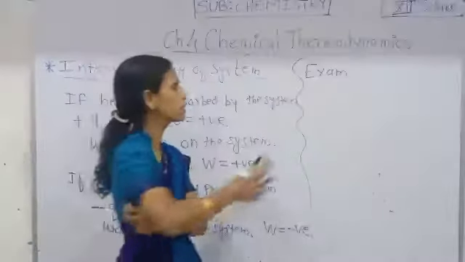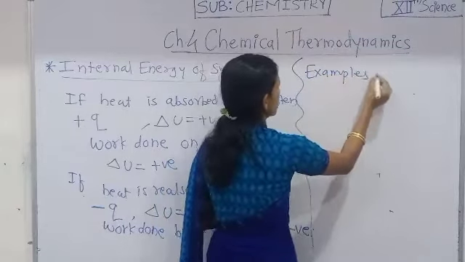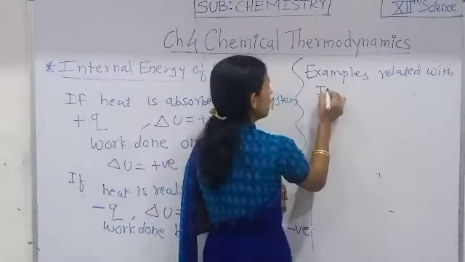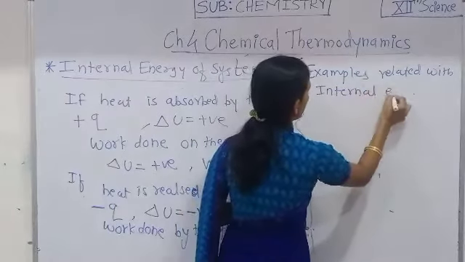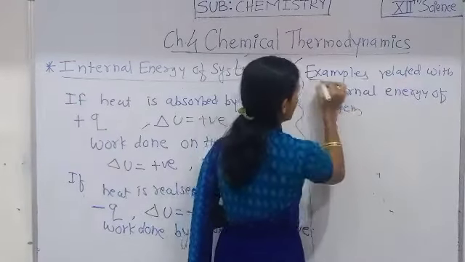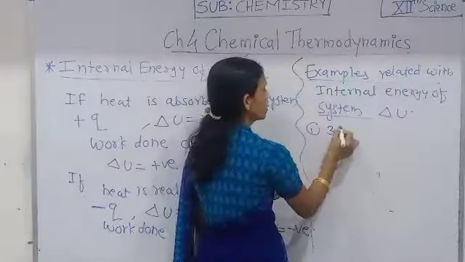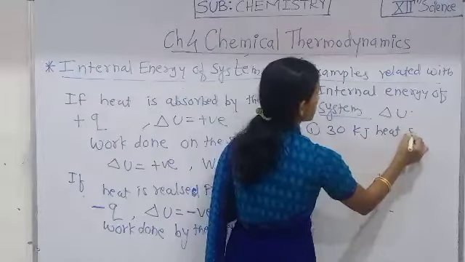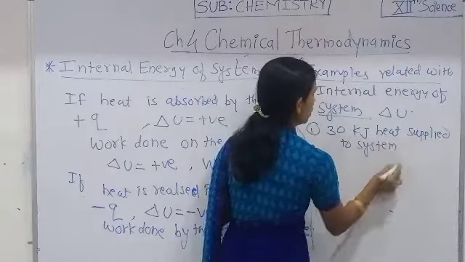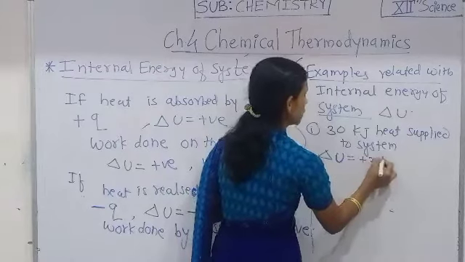Then I am going to discuss a few examples related with the internal energy of the system, that is delta U. See here, if 30 kilojoule heat is supplied to the system, then here delta U is plus 30 kilojoule.